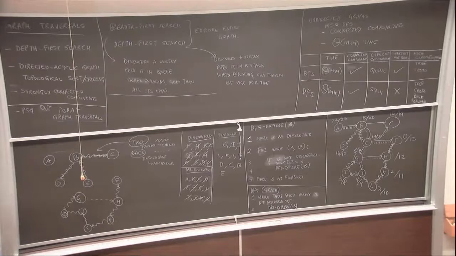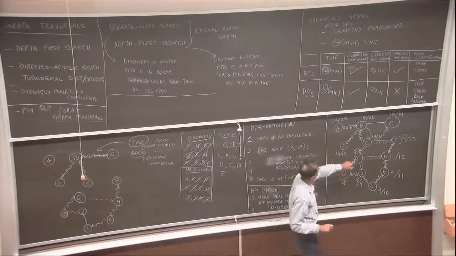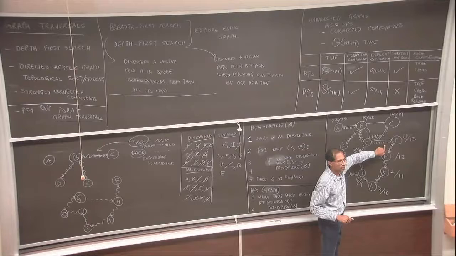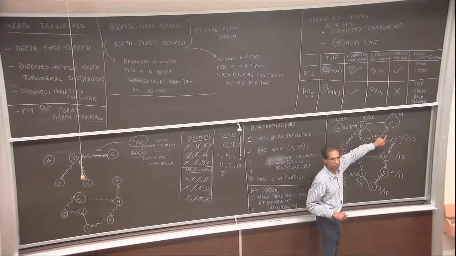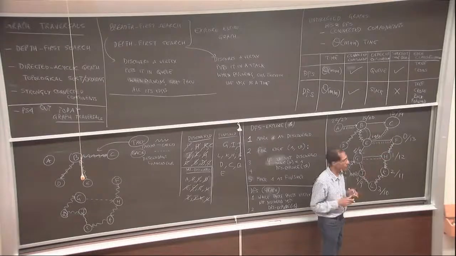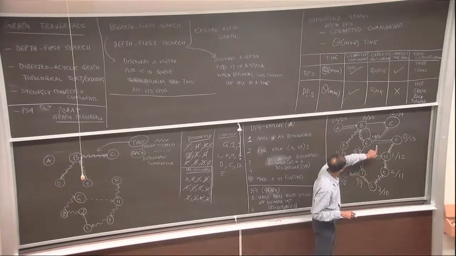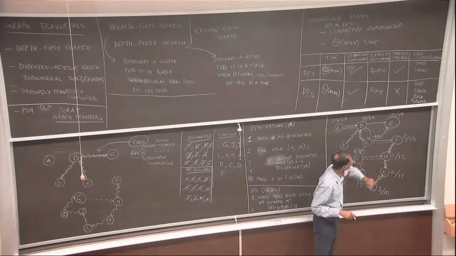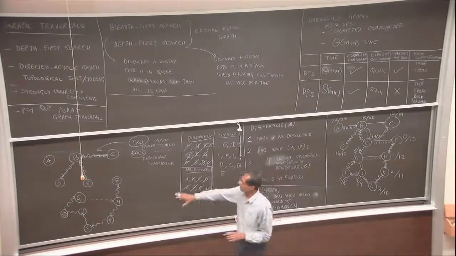Then we have these edges that I have marked like this. There are actually two different kinds of edges, even though I just marked them like this because I marked them based on their finish time. This edge E to F is going from one tree to another.